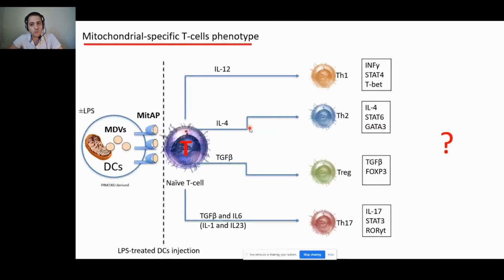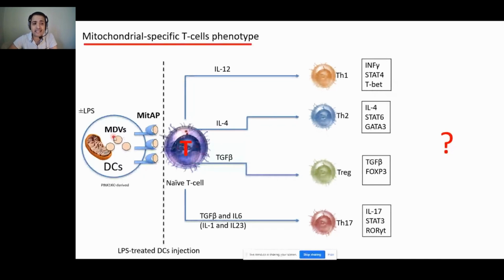So in order to mimic what really happens in BD patients, and because we don't know yet whether mitochondrial antigen presentation is over the phenotype that is induced or not, we tested what if the T cell is induced by antigen presenting cells.